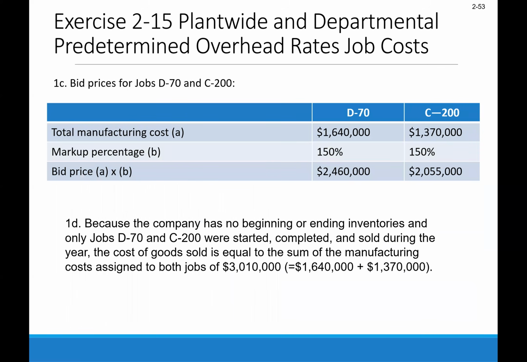So establishing a 150% markup, you take the cost times 150% for each, and this shows the bid price. Pretty straightforward.